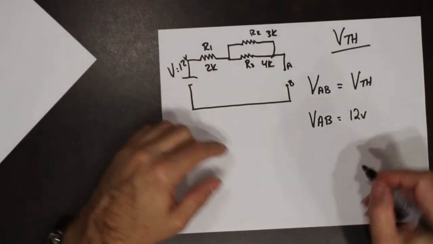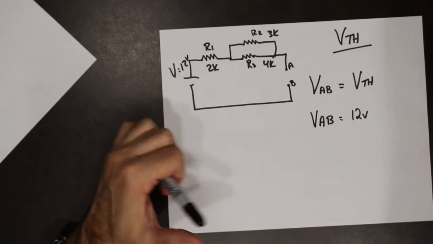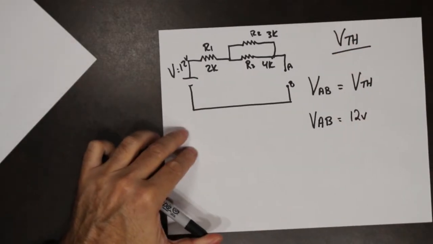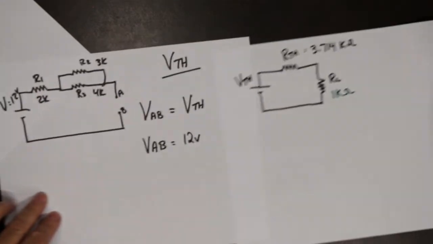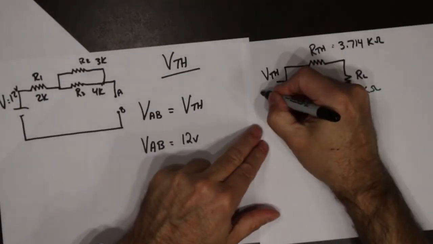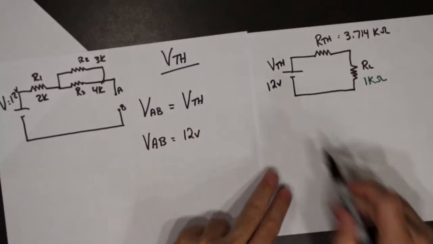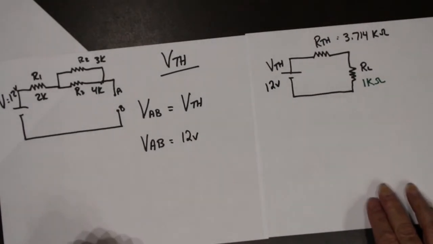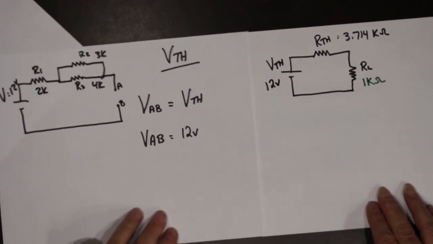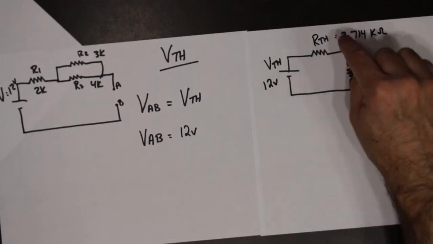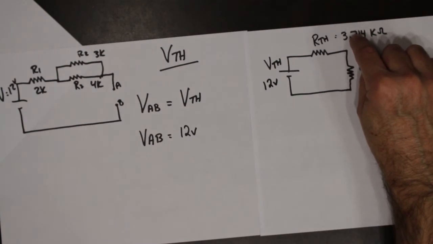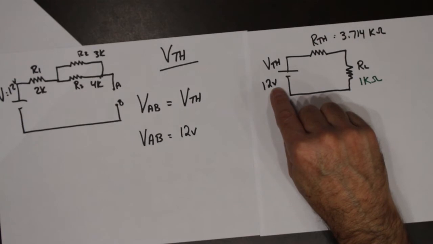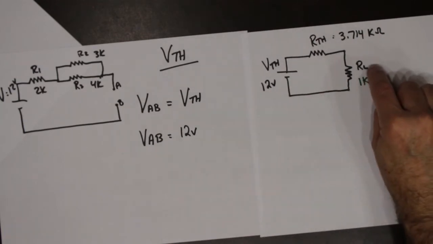So therefore, I can take this value of VAB and I can go back to my Thevenin's circuit. Here we go. And I could say that my Thevenin equivalent voltage for this example is 12 volts. So I have my Thevenin equivalent resistance, I have my Thevenin's voltage, and I have my load.